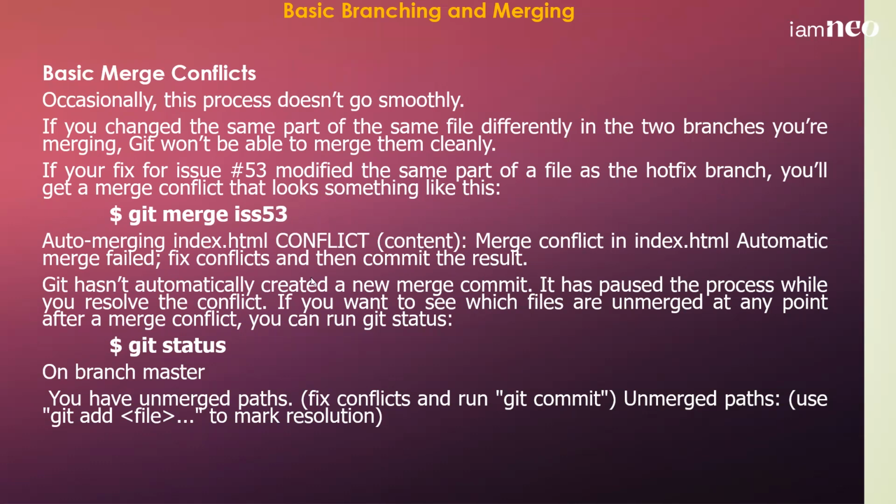Git hasn't automatically created a new merge commit. It has paused the process while you resolve the conflict. If you want to see which files are unmerged at any point after a merge conflict, you can run git status. You will know which files are not yet merged.